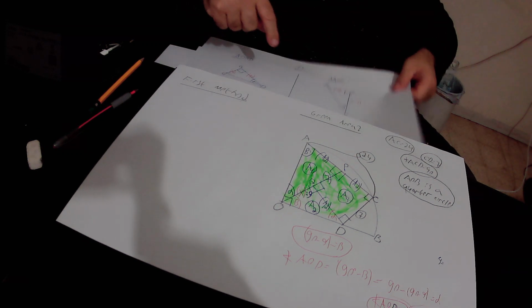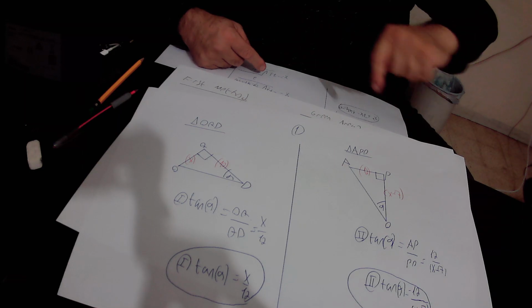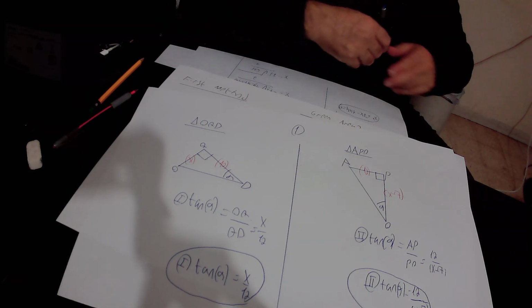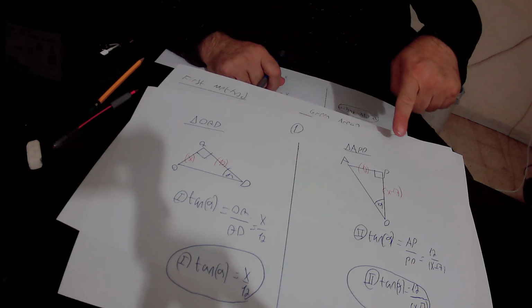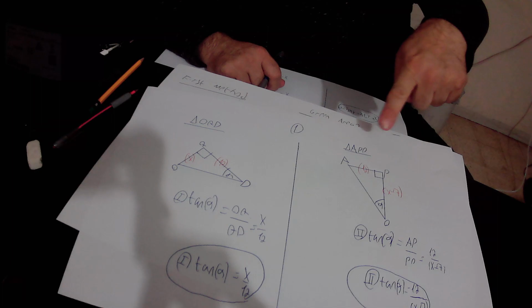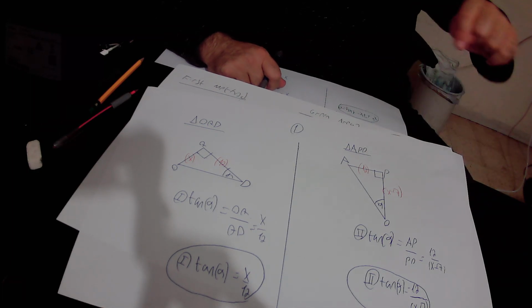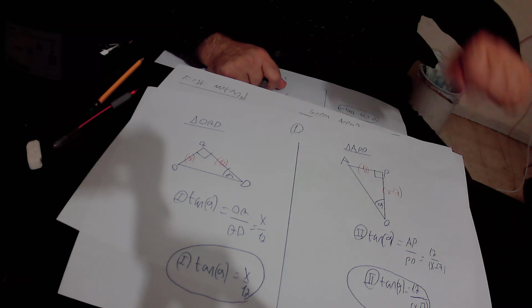Here, PO equals x plus 7, AP equals 12, and this is angle alpha. So in this right triangle APO, tangent alpha equals AP over PO. AP is 12, PO is x plus 7, so tangent alpha equals 12 over x plus 7.